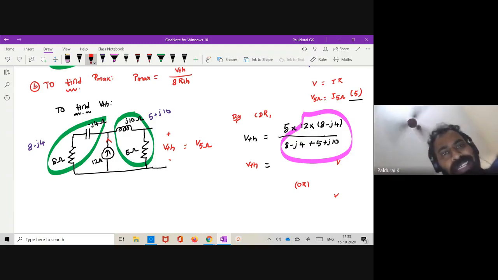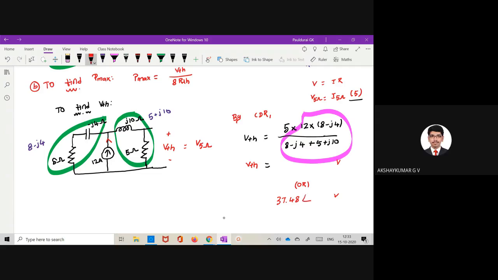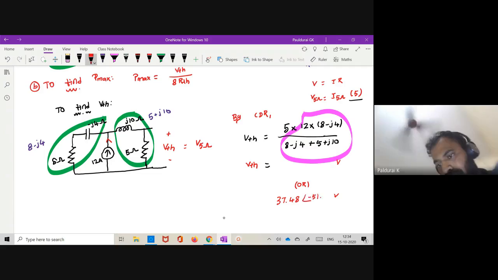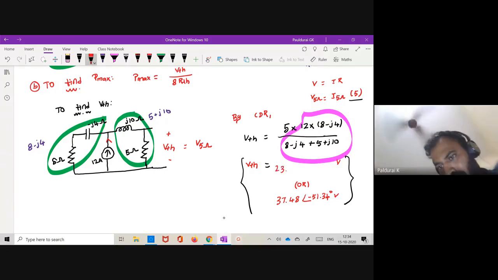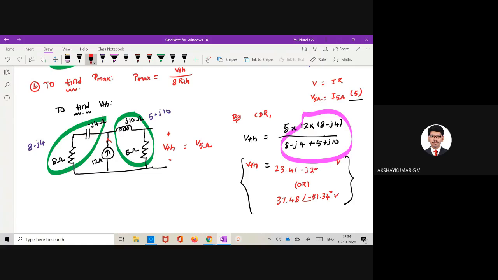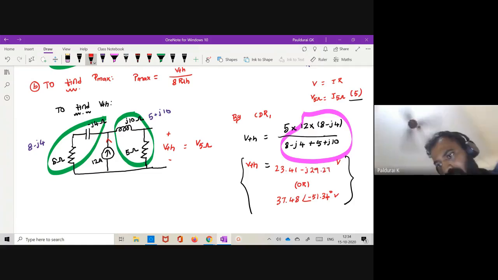In rectangular form, it is 23.41 minus 29.27 J. Okay, very good.